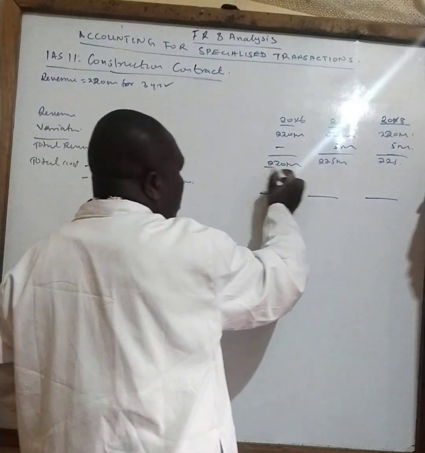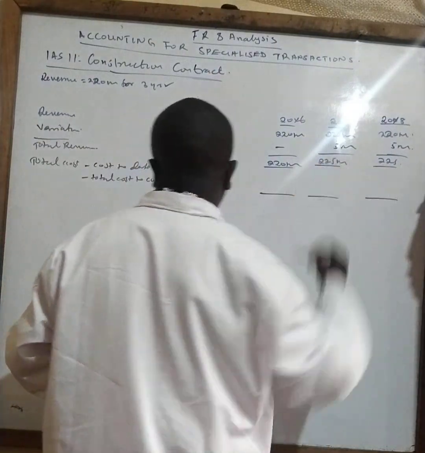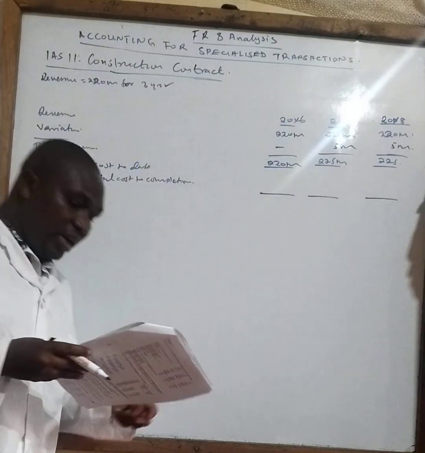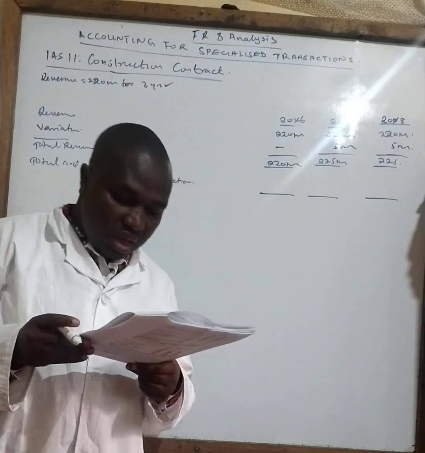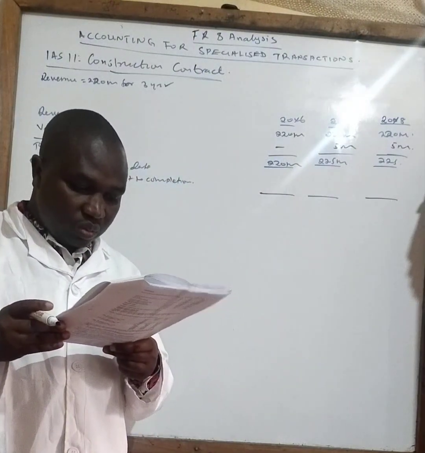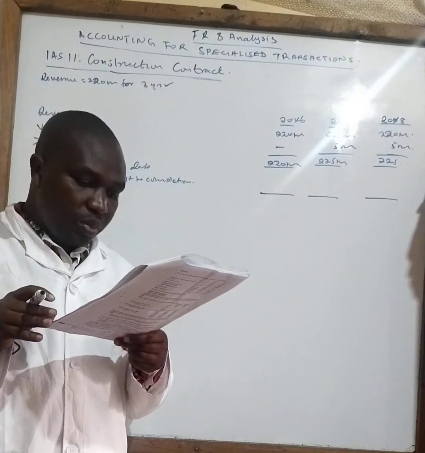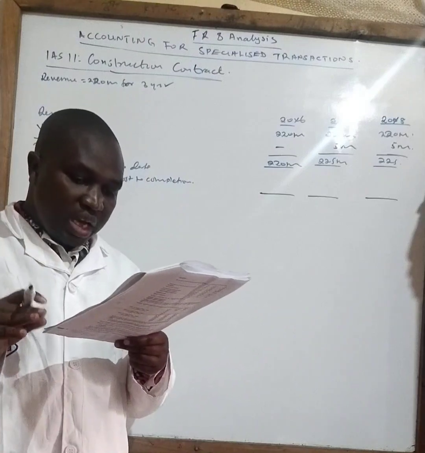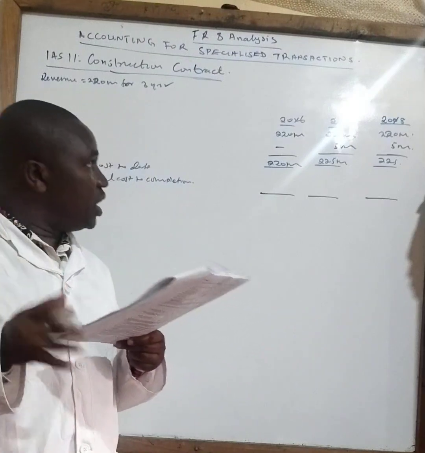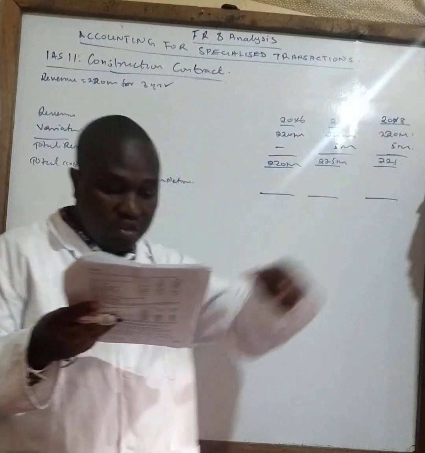So we have the total revenue here. So let's see the total cost. Cost to date. Do we have it? Yes, the last part of the question. Or even before we reach there, let's continue first. From paragraph 2, revenue has increased by 5 million from the year 2007 continuously.